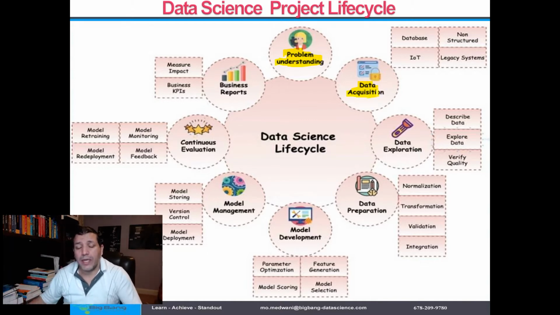It could be scattered across multiple platforms, multiple resources. It could be structured data, unstructured data, semi-structured data, or quasi-structured data. So the data does not come in a specific format, and the data is not available in a specific location.